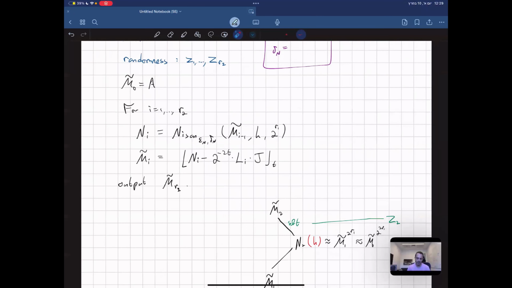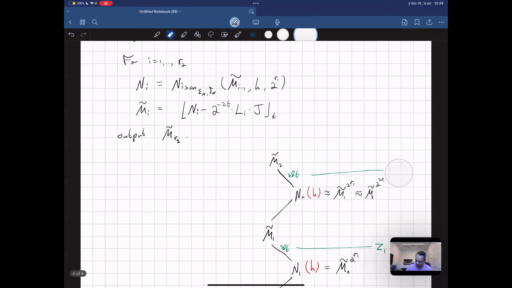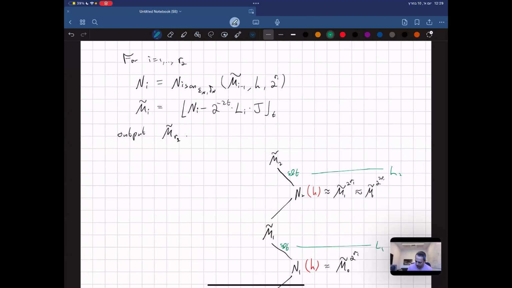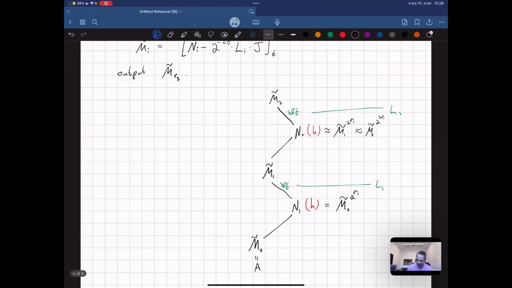Because of these shifts and truncates, even without relation to Nissan at all, if you just do the shift and truncate every time, so you take a 2 to the R first power, shift and truncate, using the randomness that you use here. And then you do another shift and truncate, I meant L, sorry, I'm used to Z's. You do another shift and truncate.